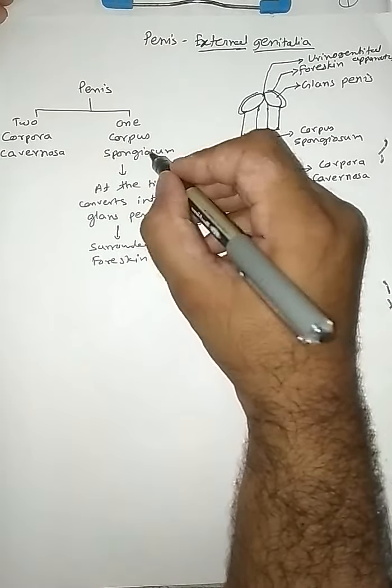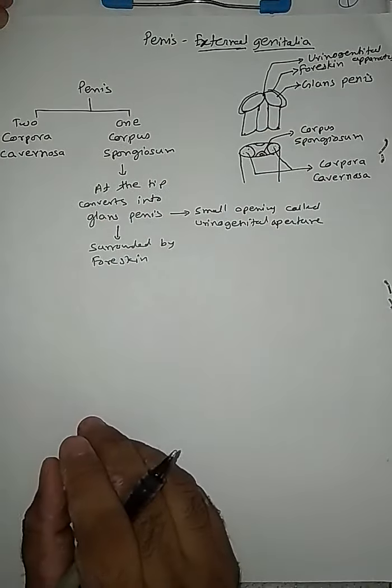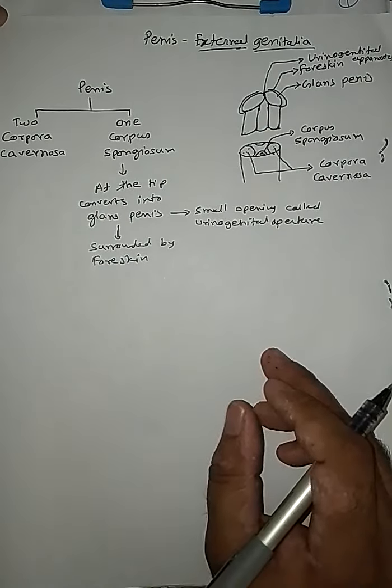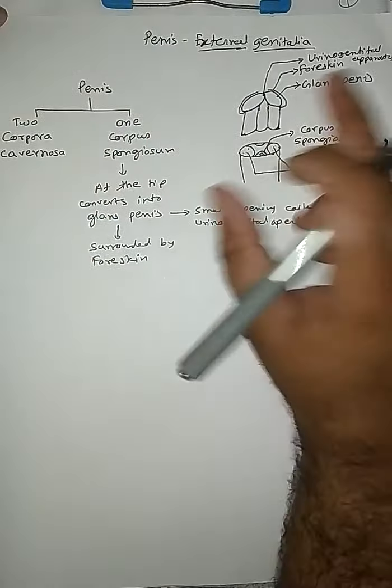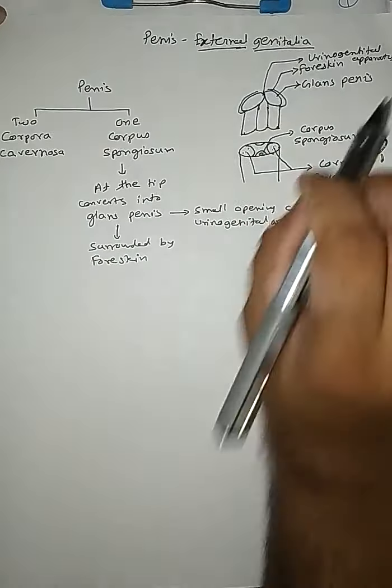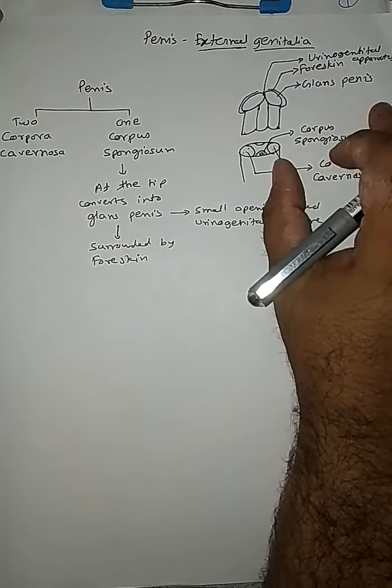Again, through this corpus spongiosum the urethra is passing. So the urethra is passing through the corpus spongiosum. This is the structure of the penis.